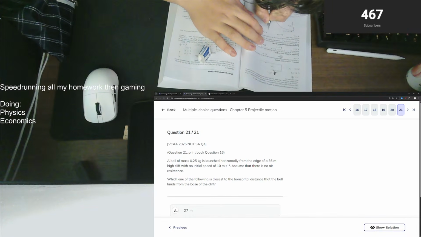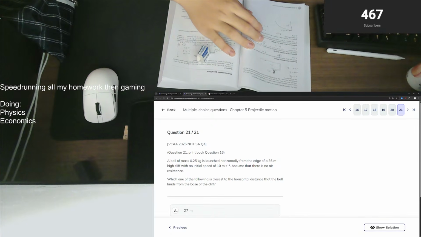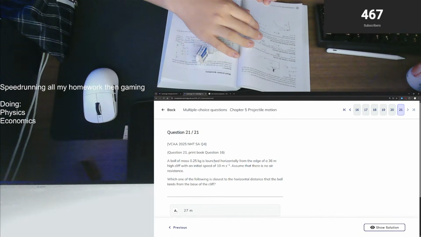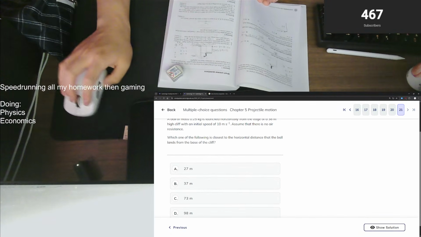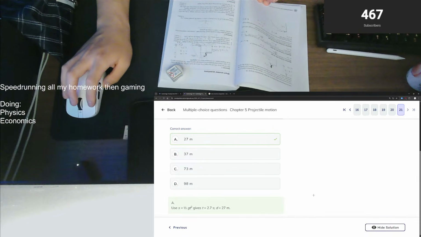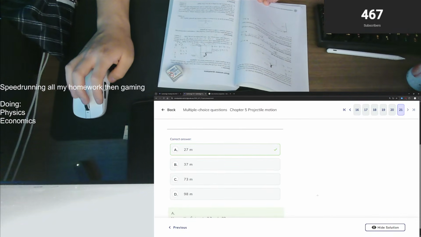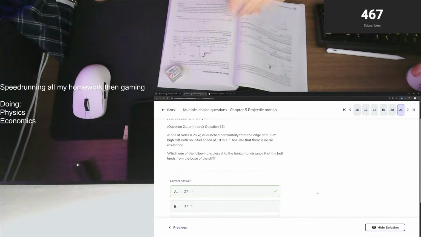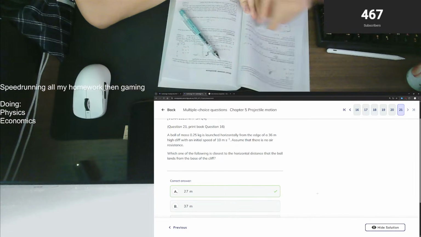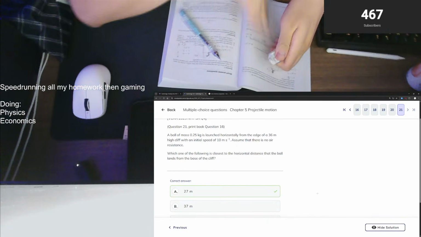We know V equals 10. We need to work out the time first with the vertical component.